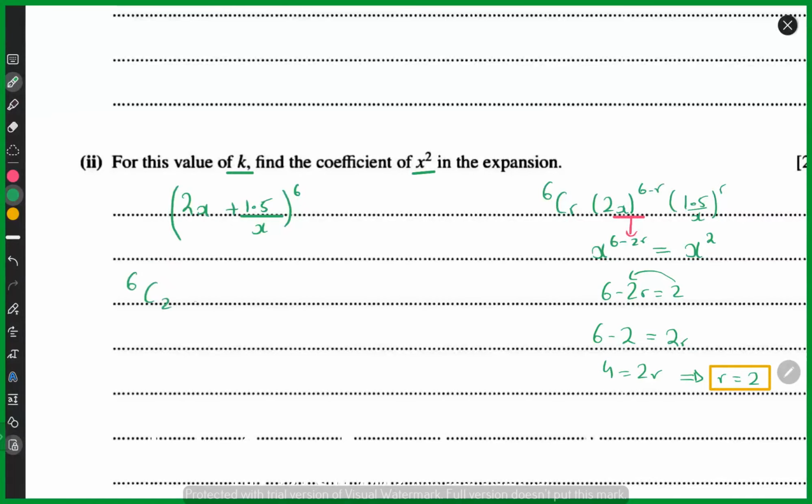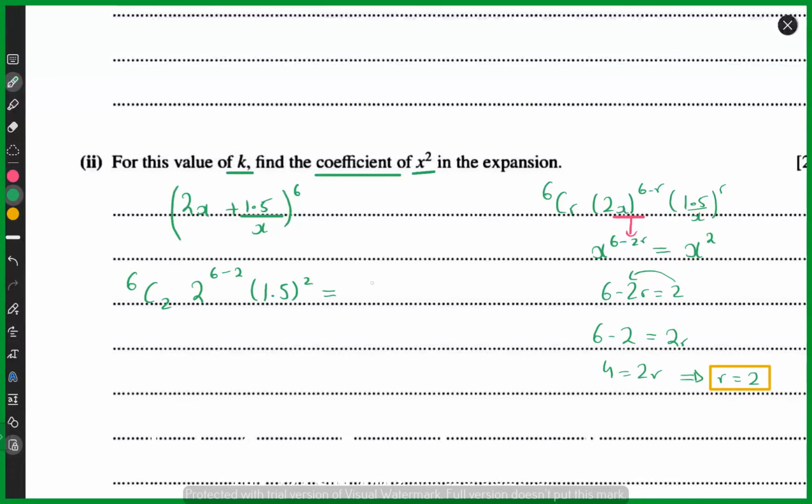6C2, 2 power 6 minus 2, and 1.5 power 2. Now I did not write the x terms because that is irrelevant. I only need the coefficient of x squared. And upon simplification, I would get 6C2 is 15 multiplied by 2 power 4 multiplied by 1.5 squared.